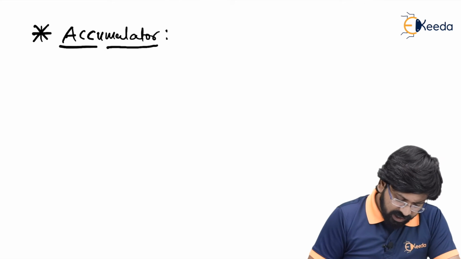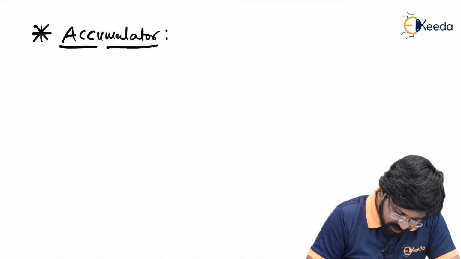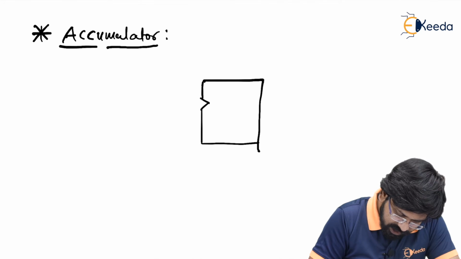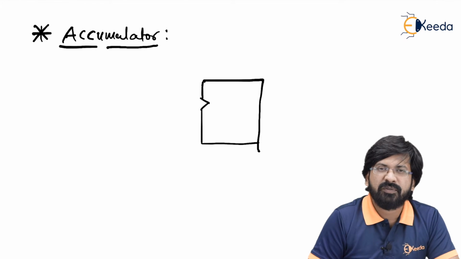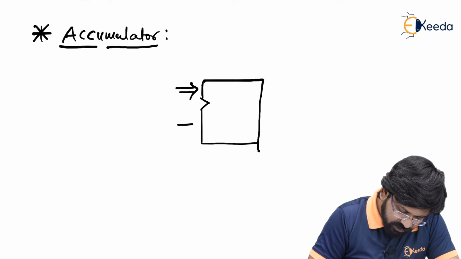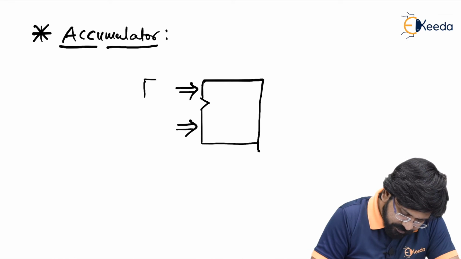Now I'll actually tell you how it is performed. This is called the ALU, that is, the arithmetic and logical unit, which performs all the arithmetic and logical operations. Of course, it has two inputs here.